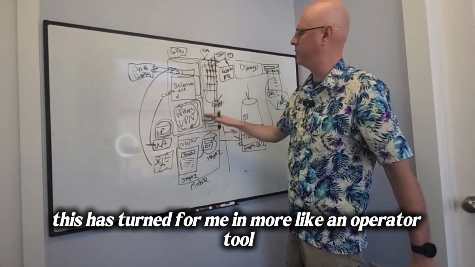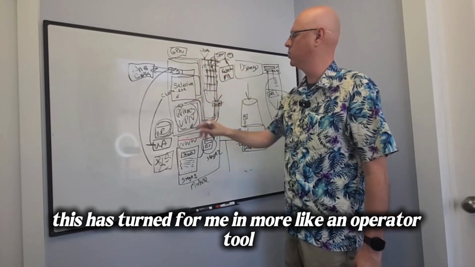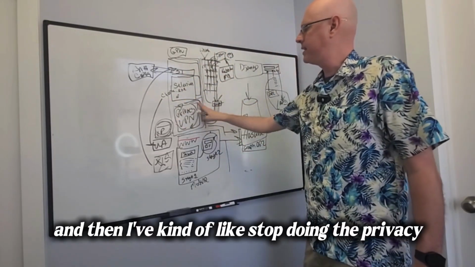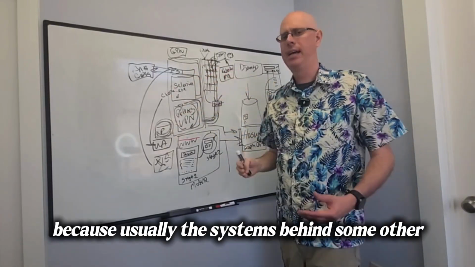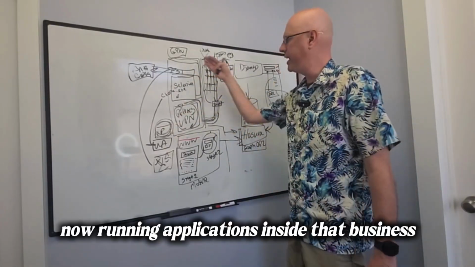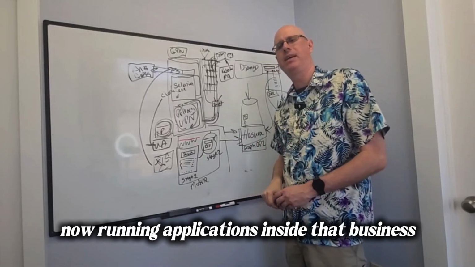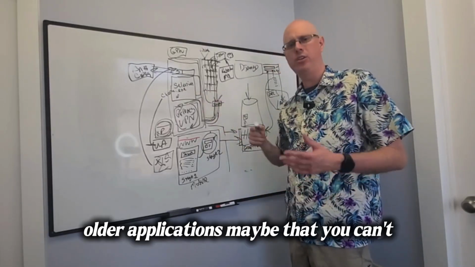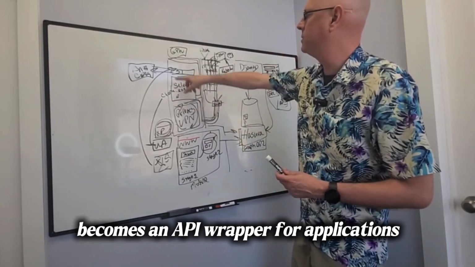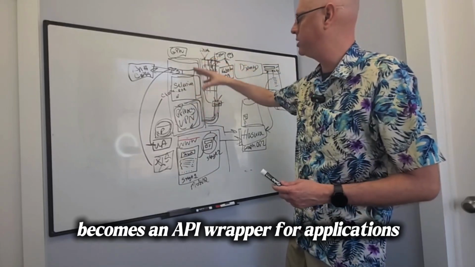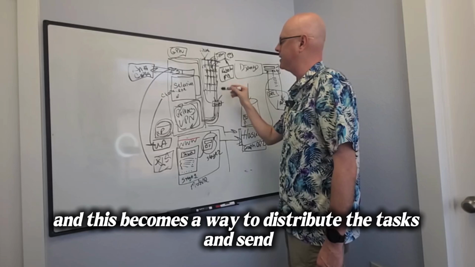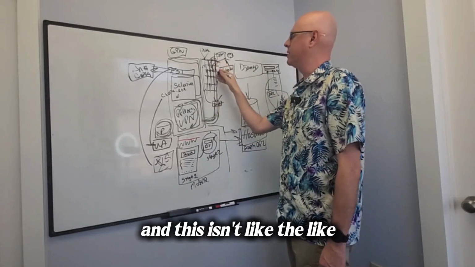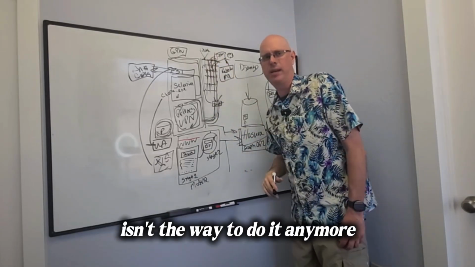This has turned for me into more of an operator tool, and I've stopped doing the privacy VPN stuff, because usually the system's behind some internal network now, running applications inside that business. Older applications that don't have APIs, this becomes an API wrapper for them. And this becomes a way to distribute the tasks, and the Raspberry Pi cluster isn't the way to do it anymore.